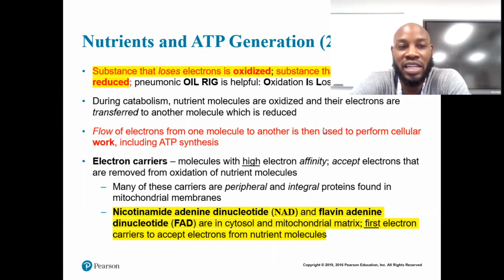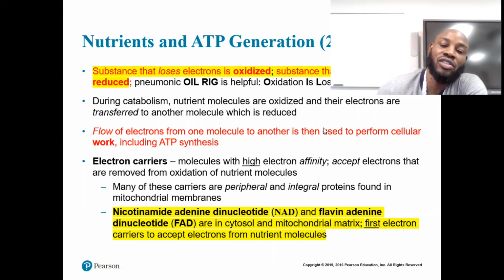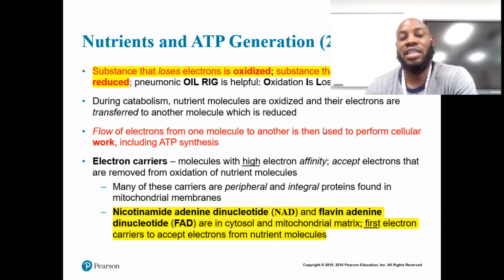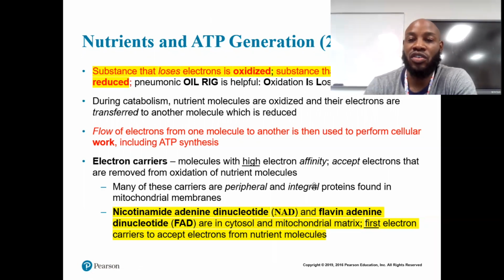If ATP is the gas, mitochondria are sort of like the engine. You have nicotinamide adenine dinucleotide, NAD, and flavin adenine dinucleotide, FAD, which are in the cytosol and mitochondrial matrix. These are your electron acceptors from nutrient molecules. And this is going to start, remember, the electron transport chain.